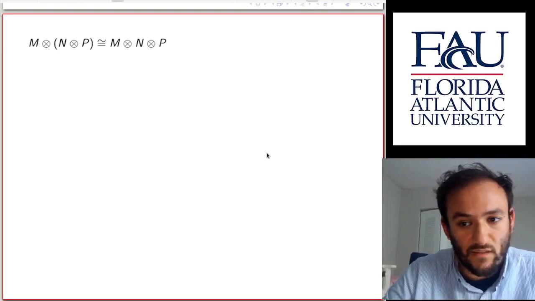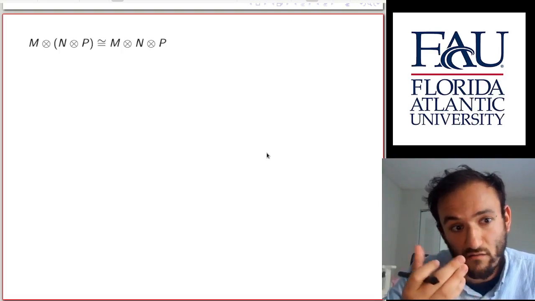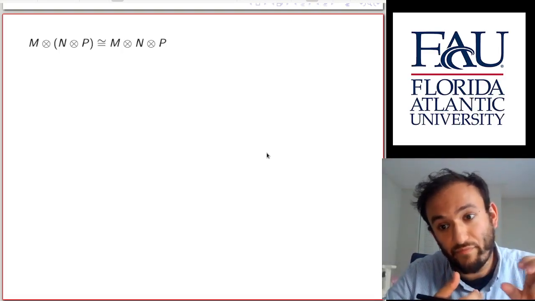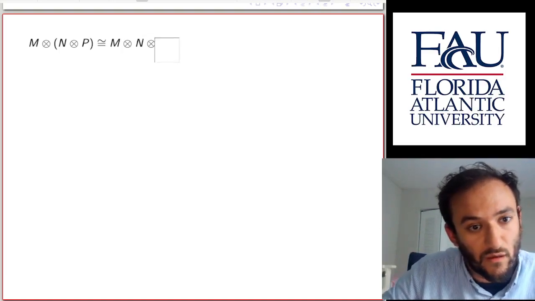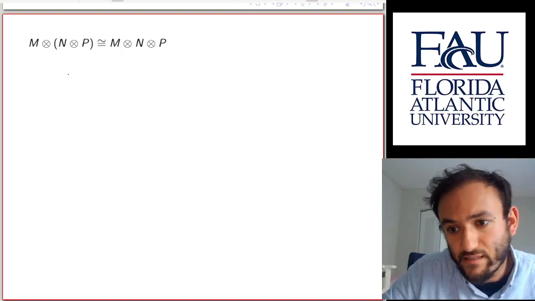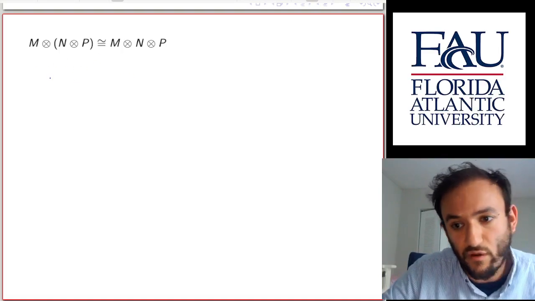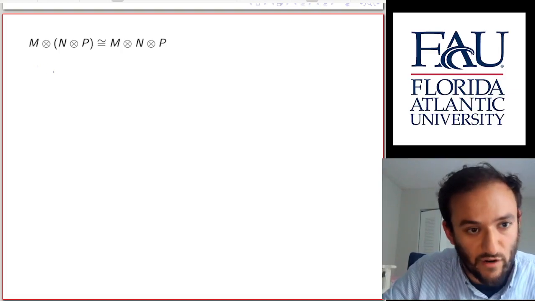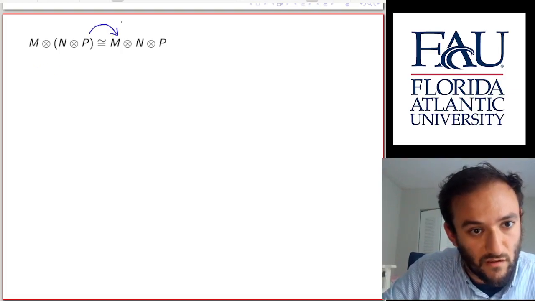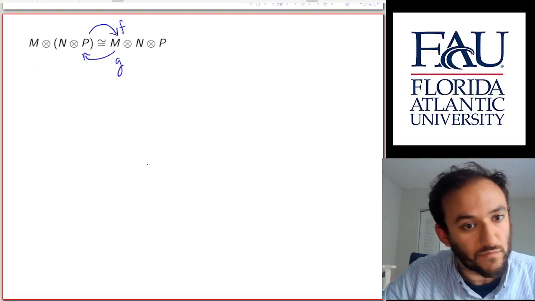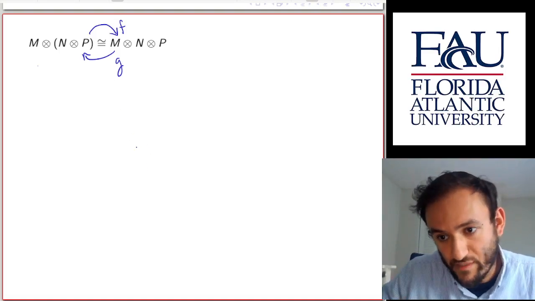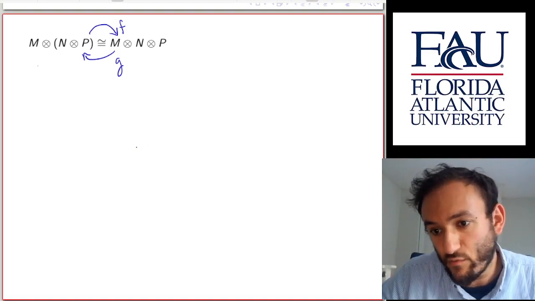If we take the tensor product of N and P, and then tensor with M, that equals the three-way tensor product of M, N, and P. And in order to do this, we're going to show the existence of two maps. First, the map going this way, and then the map going this way, and then assert that composition gives you the identity, which implies isomorphism.